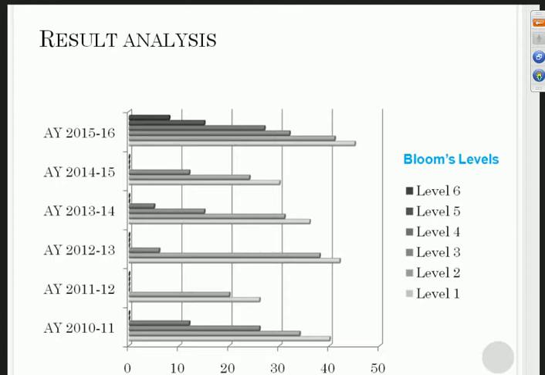In 2012-13, I stressed much on levels 1 and 2, so obviously level 3 was reached to some extent. Similarly, in the next year, I introduced the 4th level. In 2014-15, I tried to implement levels 5 and 6, but I couldn't.